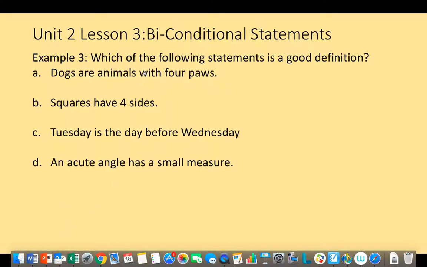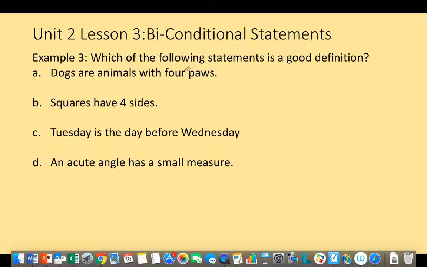So which of the following statements are good definitions? Dogs are animals with four paws. Well, can I write this as a biconditional? Can I write this where the conditional is true and the converse is true? So if an animal is a dog, then it has four paws.